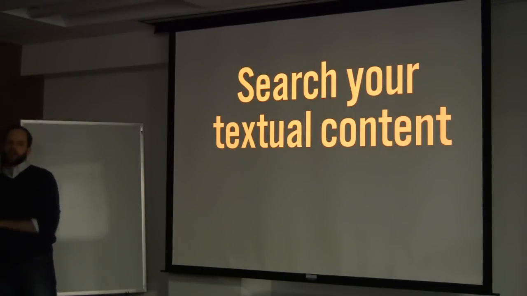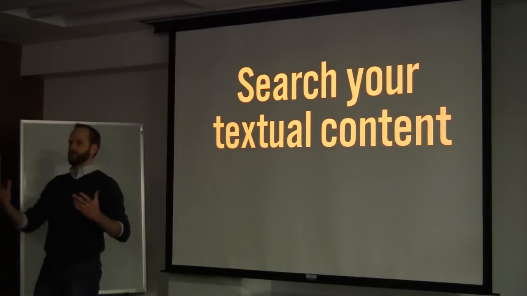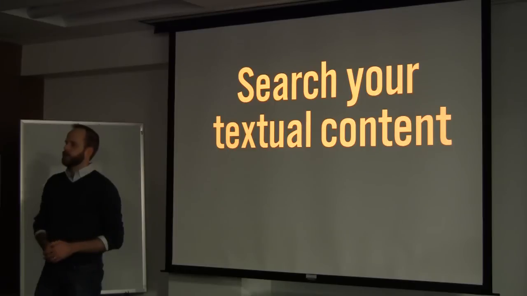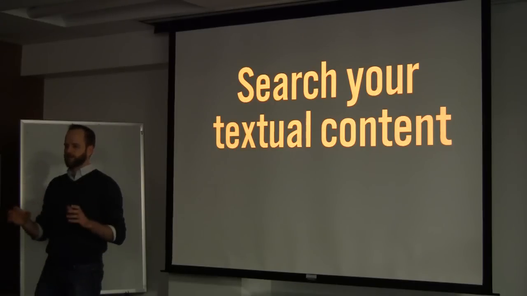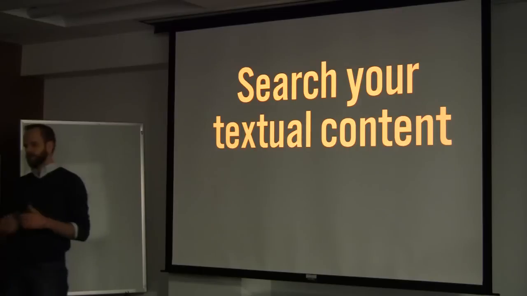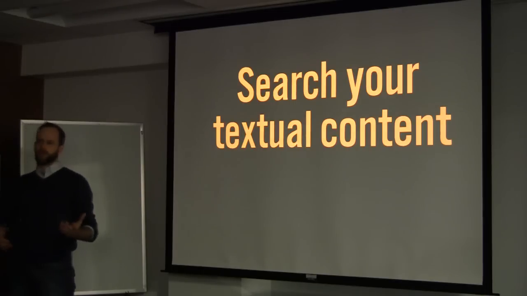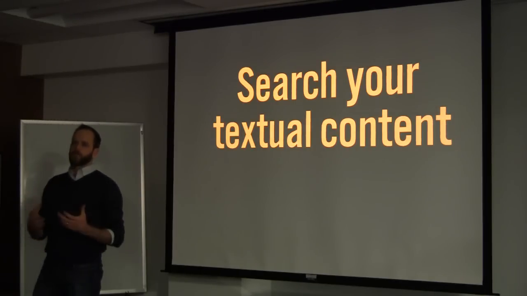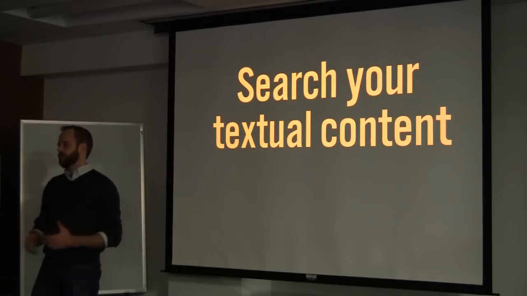So this is the search problem. You're searching textual content. It sounds like a truism, but it's very important to understand this is what we're doing here. You've got a corpus of text, whether it's articles or records of things people have done, maybe medical records, and you want to be able to search for words or phrases and find things that match.